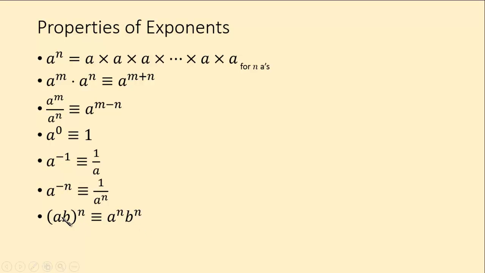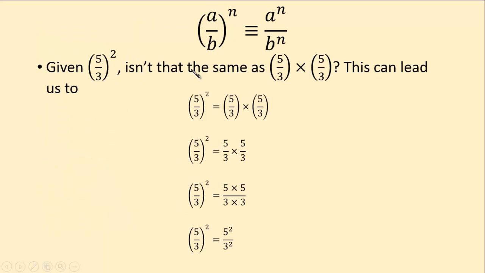So just now we looked at a product raised to a power. Now we want to look at a quotient raised to a power. And similarly, we see that the power affects the numerator and the denominator. So let's get the intuition for this. Here's an example: 5 over 3 squared. Well, that's the same as 5 over 3 times 5 over 3.